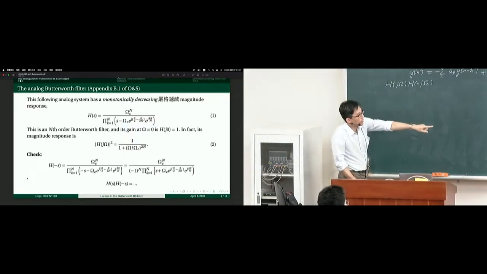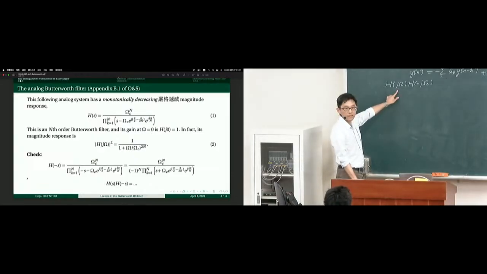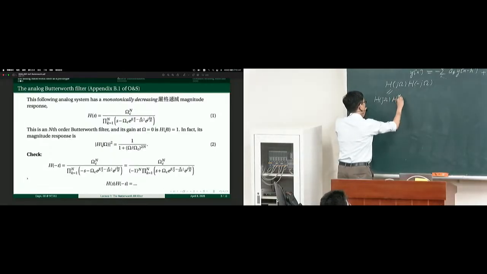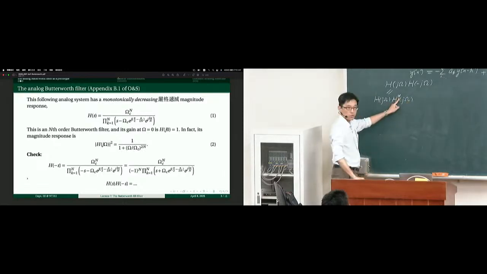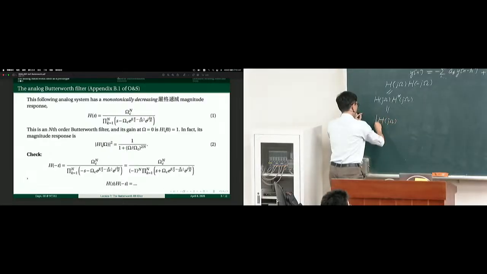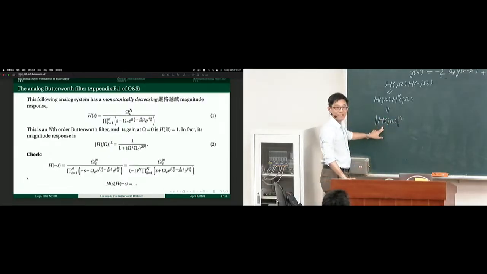Evaluating that expression on the right by substituting s equal to j omega, right? But before we proceed, note that H of minus j omega is H of j omega complex conjugate. Why? Because our system has a real impulse response, because there is such symmetry.